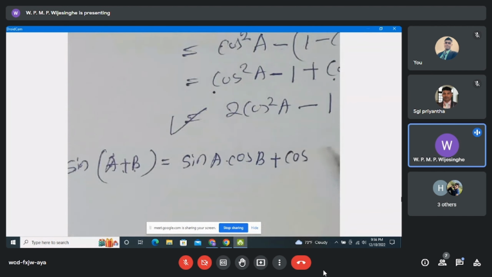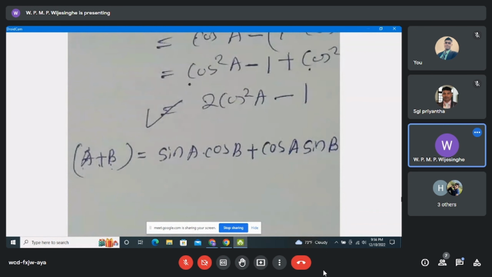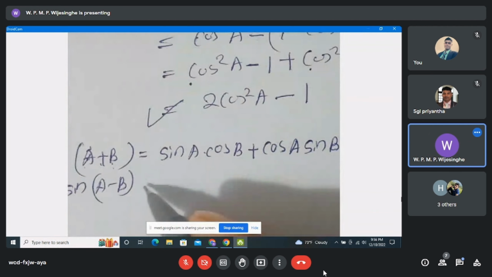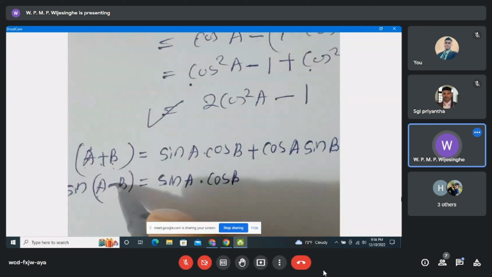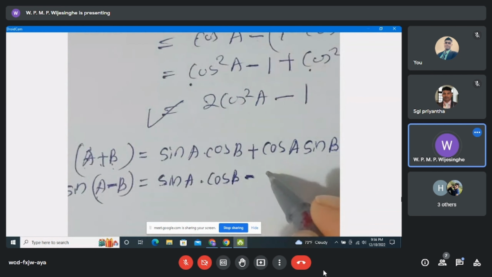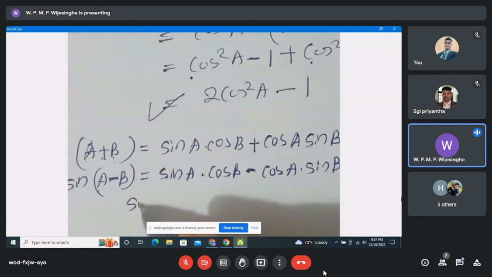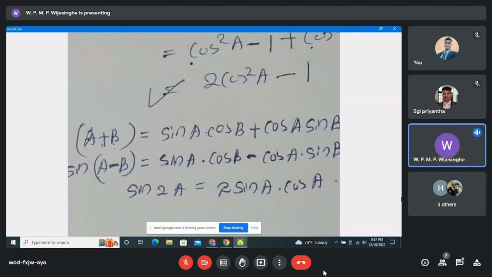Another one cos, first angle A, second sin B. Then sin A minus B, I can write here first angle sin A, second cos B. If it is minus, then here also minus. Cos first angle A, second angle sin B. Right? If B is equal to A, I can write sin 2A equals 2 sin A cos A. Right?